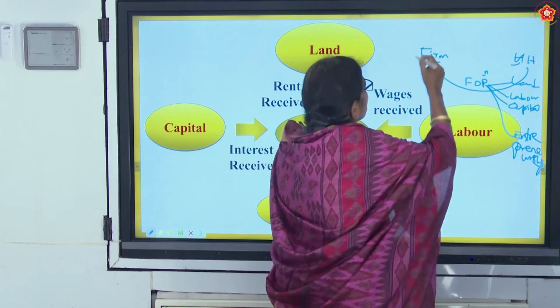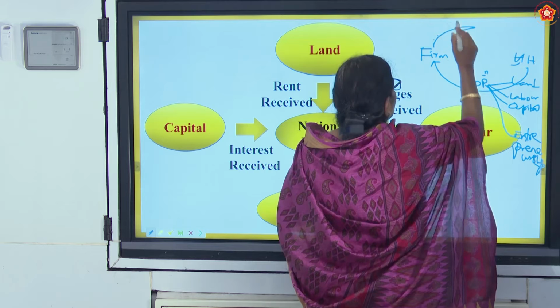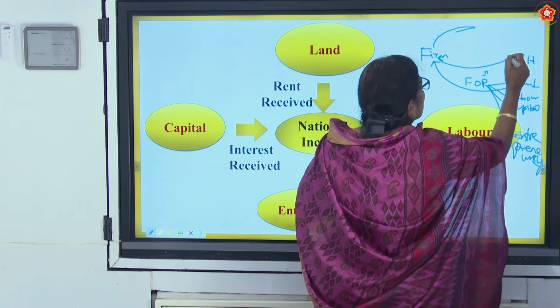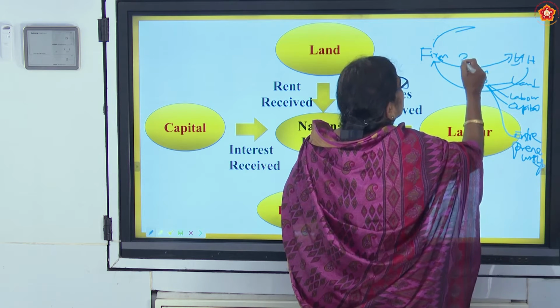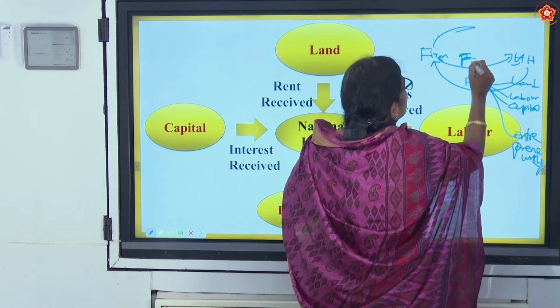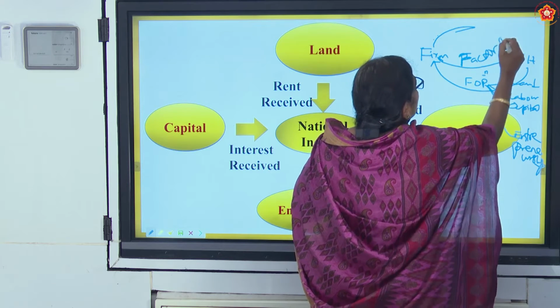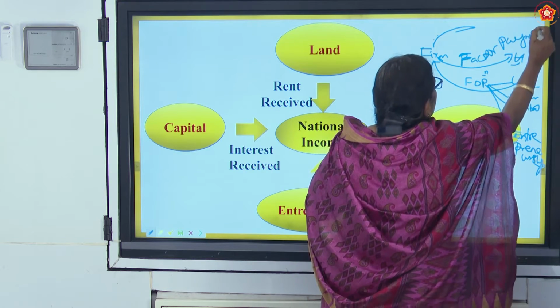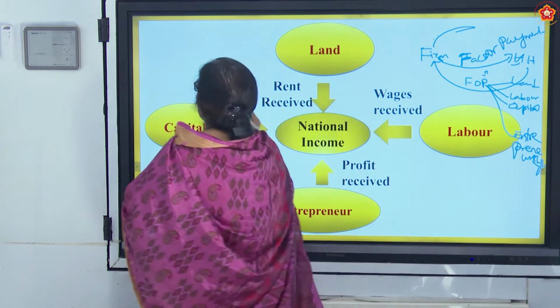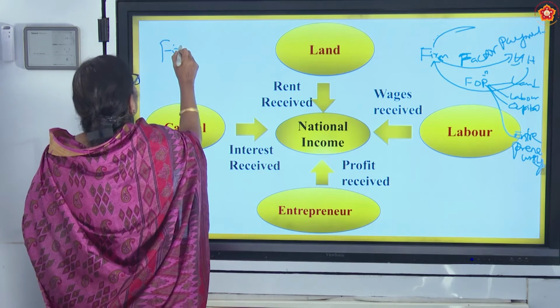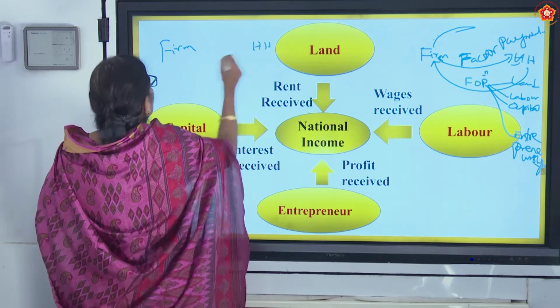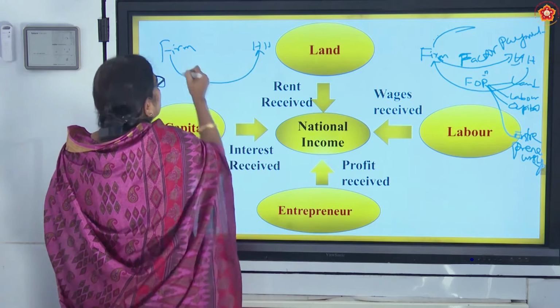And what does the firm do? The firm pays back as factor payment. It is called factor payment, from the firm to the household. Factor payment goes back from firm to household.